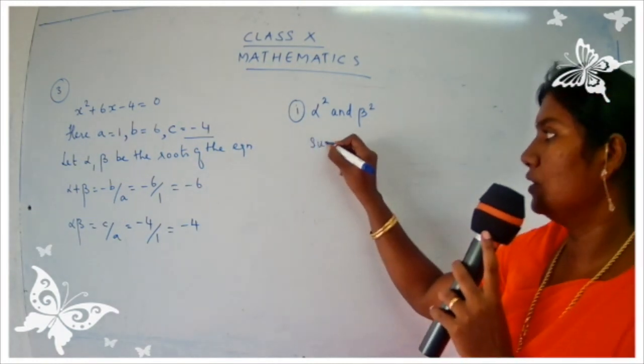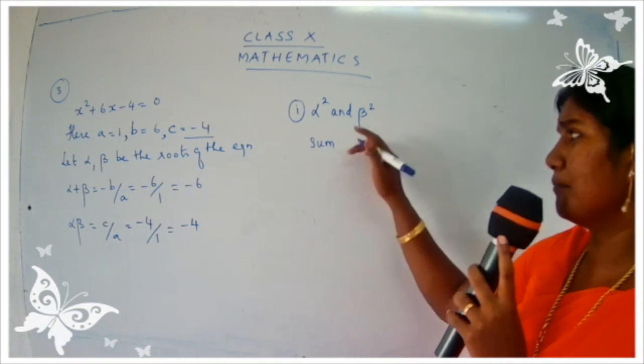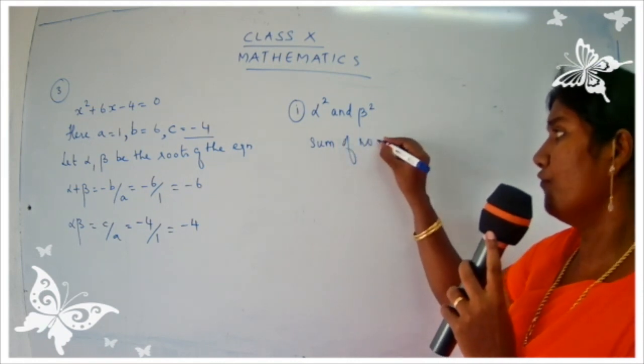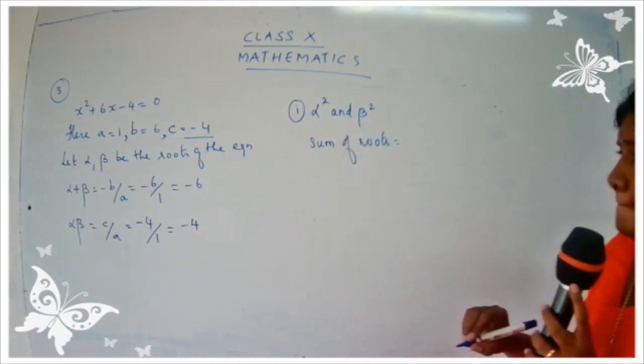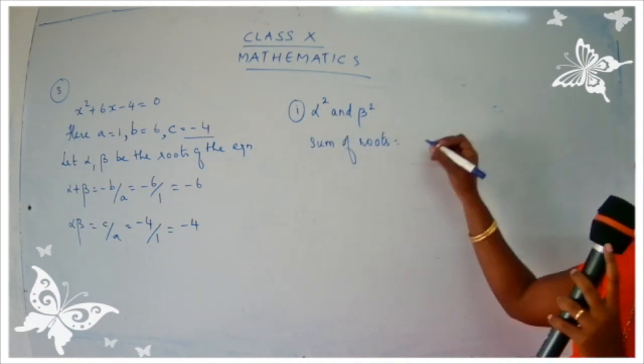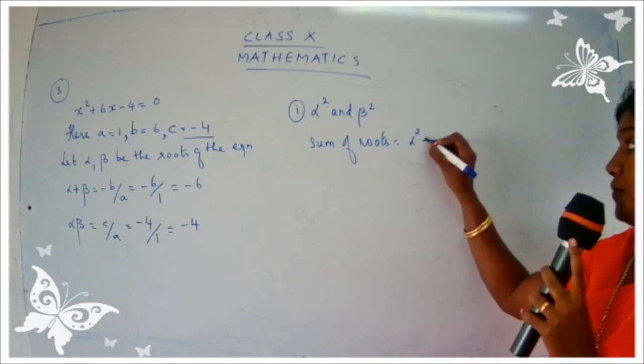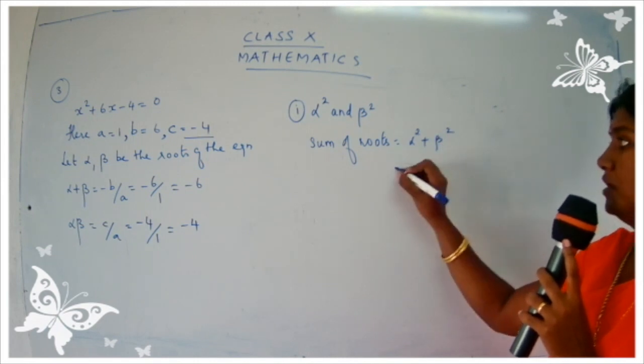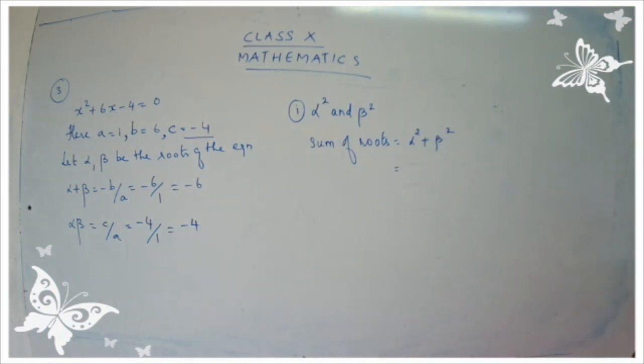So sum of roots is equal to, what are the new roots we have taken here? Alpha square and beta square. Yes, alpha square plus beta square. What is the formula for alpha square plus beta square? I already gave you the formula before I started the sum.